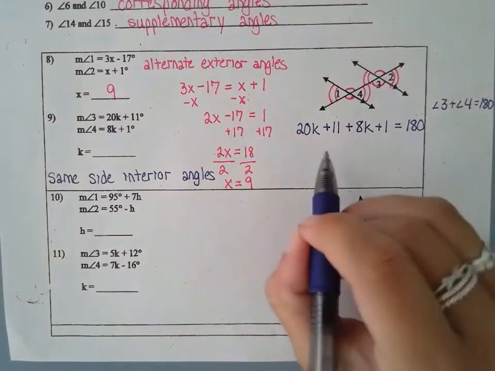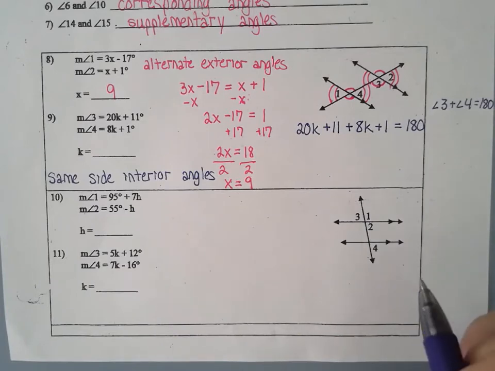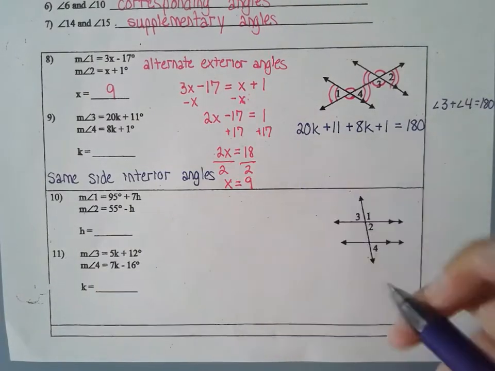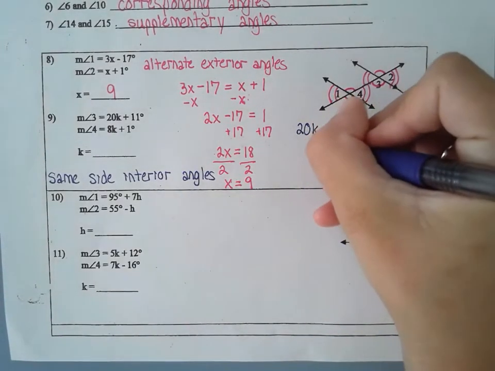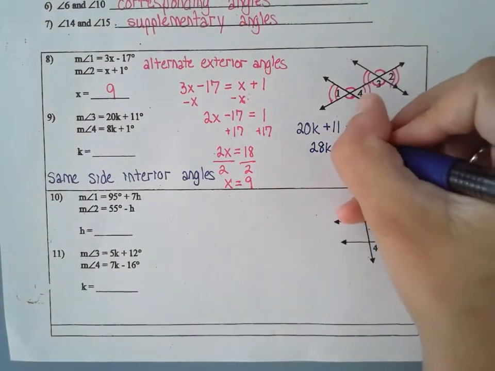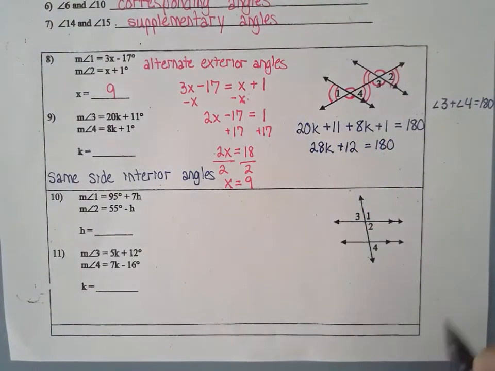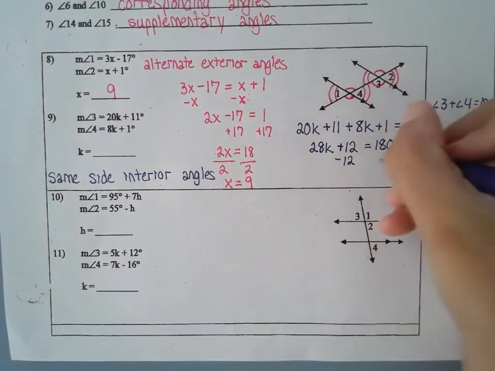From there, I'm going to combine my like terms since everything's on the same side of the equals mark. So 20k plus 8k leaves me with 28k. 11 plus 1 is 12, equals 180. I'm going to subtract 12 from each side.